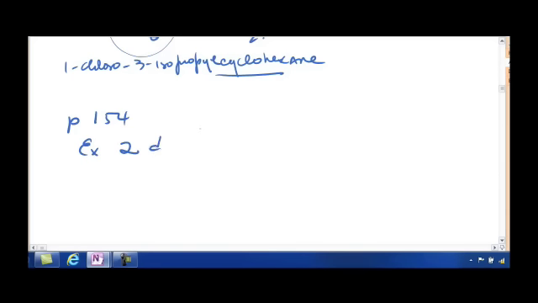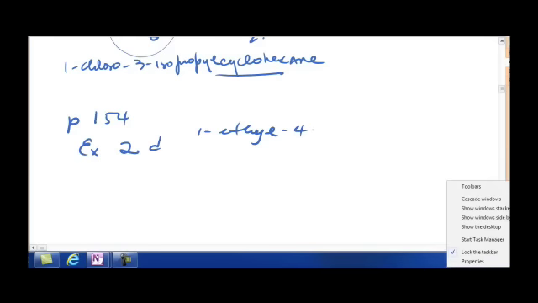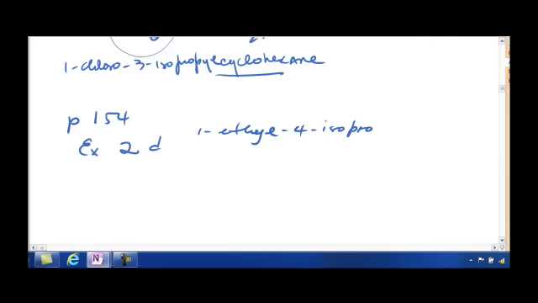And they want me to write 1 ethyl. Okay, this weekend you want to sweep all of module 4. All of it. Sorry, module 9. Sorry. 4 isopropyl cyclohexane. Okay.